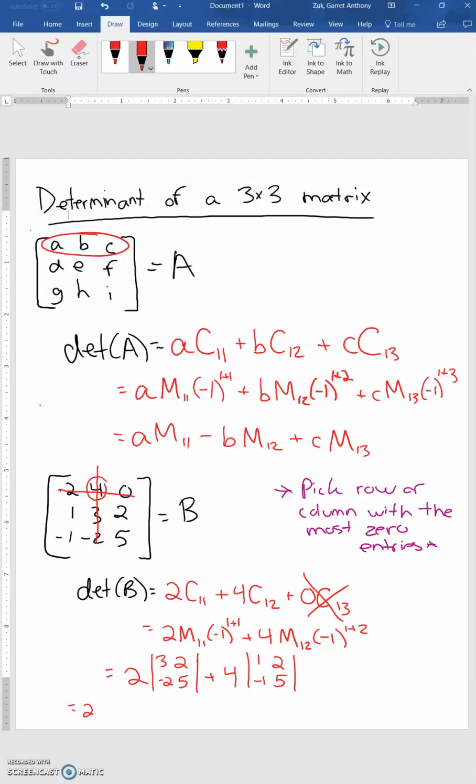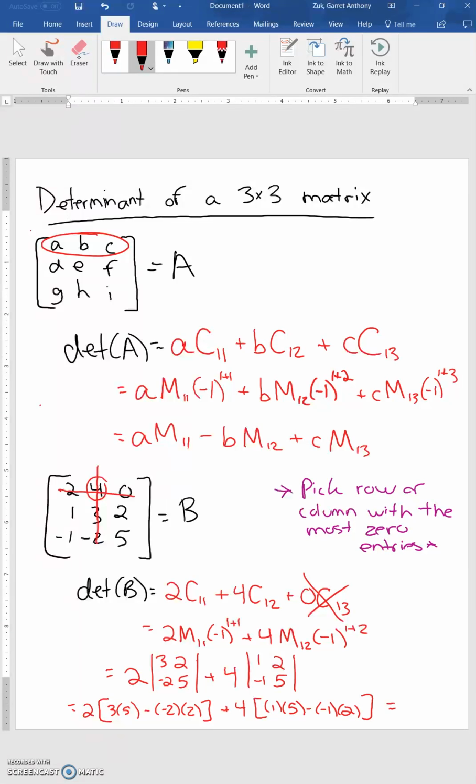So this is 2 times, well, this is again left diagonal minus right diagonal: 3 times 5 minus -2 times 2, plus 4 times 1 times 5 minus -1 times 2. Because we're out of space, I'm just going to evaluate this all at once.